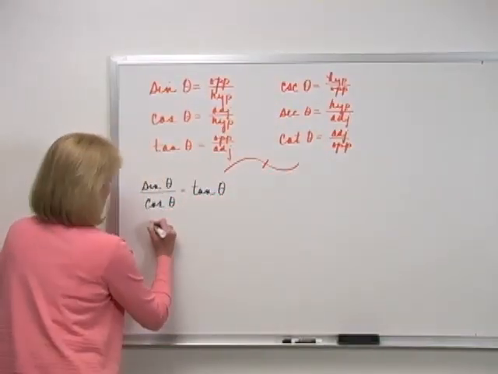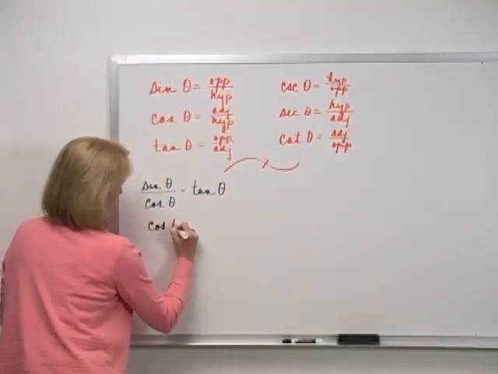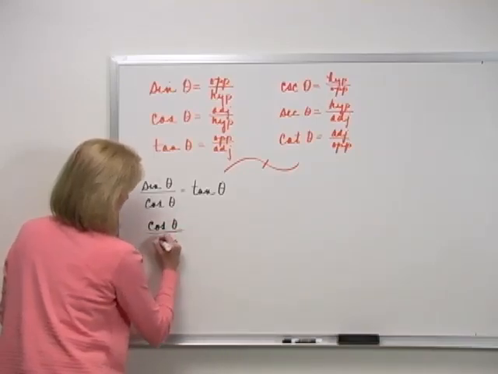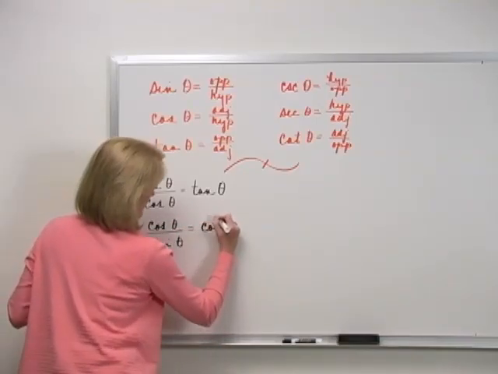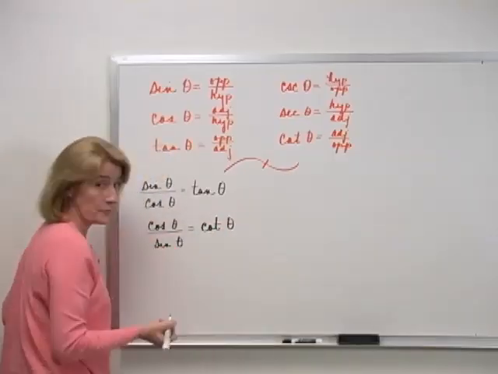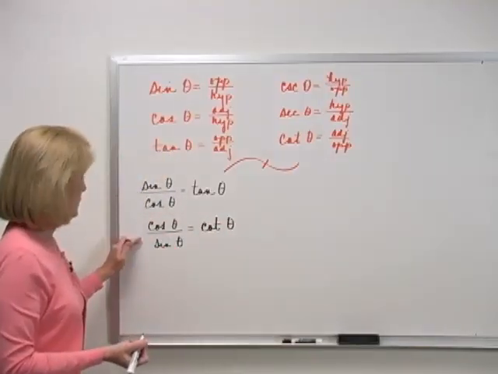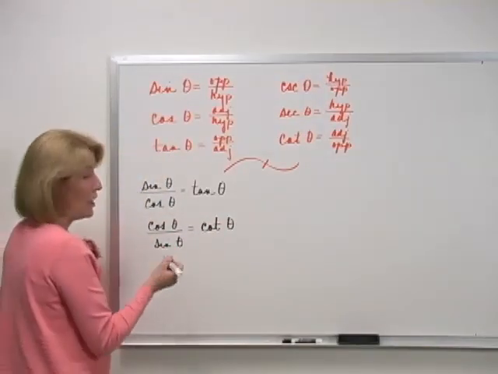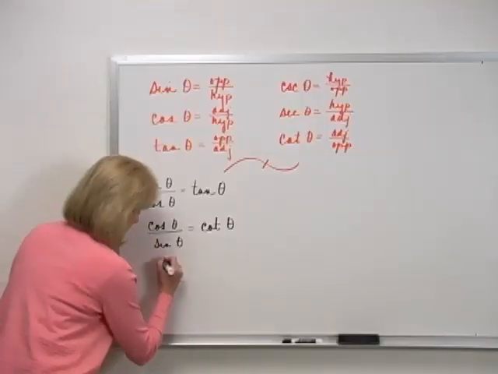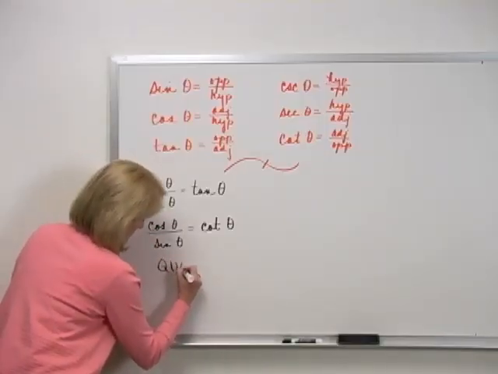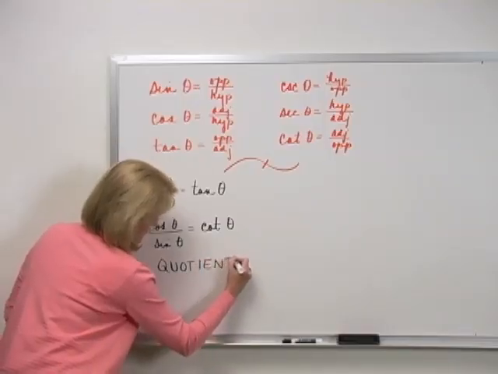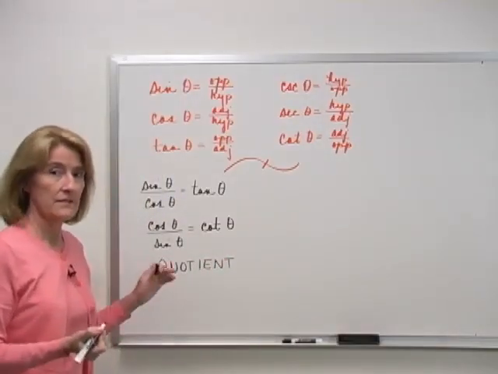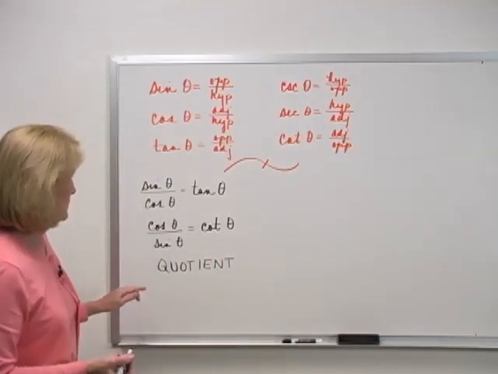So we're going to write down this one. Cosine of theta divided by sine of theta equals cotangent of theta. These two in particular are what are called the quotient identities. As I said, there are others, but these are the most used.